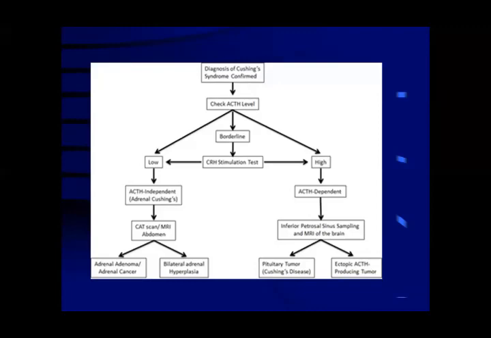If there are some types of tumors in the lungs, they also produce ACTH hormones. So this is the way by which we can diagnose. This is the stimulation test, and to see the adrenal insufficiency or hyperfunctioning of the adrenal gland, this is the way we will proceed towards the diagnosis.